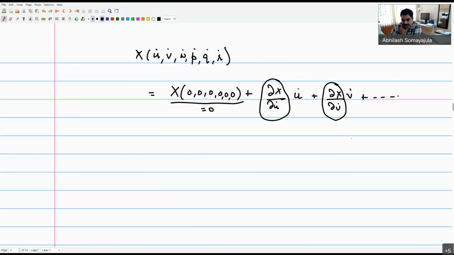And what this something is, it's nothing but the mass. I'm just denoting that partial derivative with this notation. If I write Y_v dot, it represents the partial derivative of Y with respect to v dot.